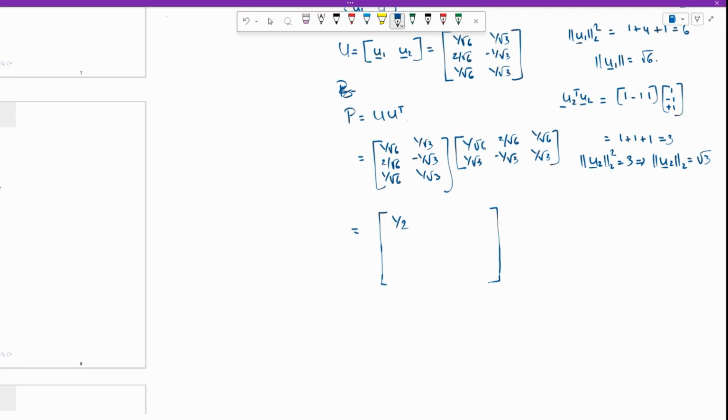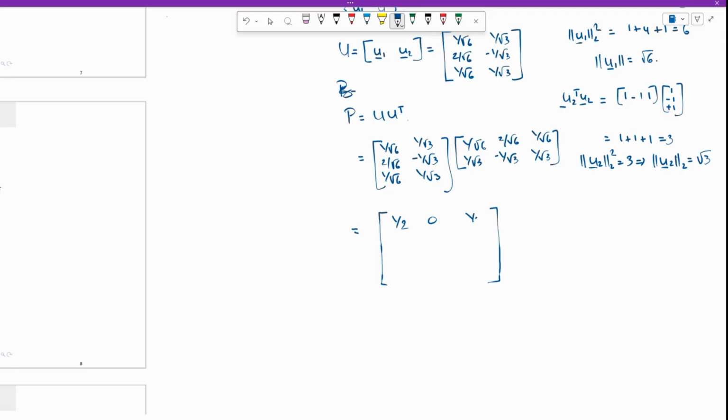Can you compute the other ones and tell me, please? It should be 0. It'll be 2 by 6 minus 1 by 3. It'll be 0. Third one will be 1 by 6 plus 1 by 3.